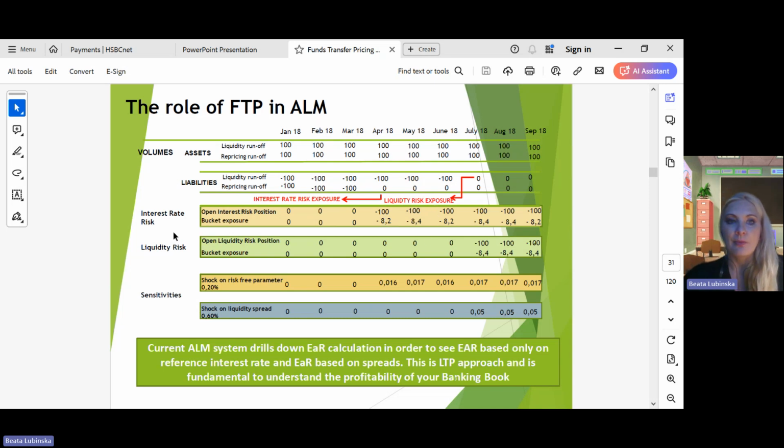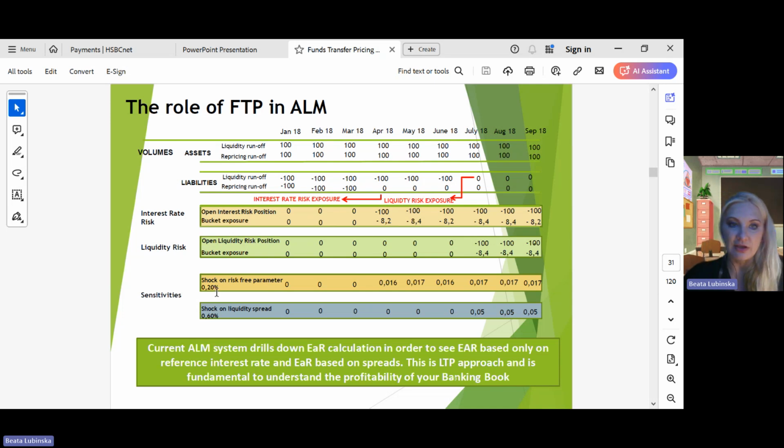And then the exposure, the sensitivity is telling you how risky is this position. So the magnitude of the risk position by time bucket, and the overall sensitivity will be the summation of the time bucket sensitivities.